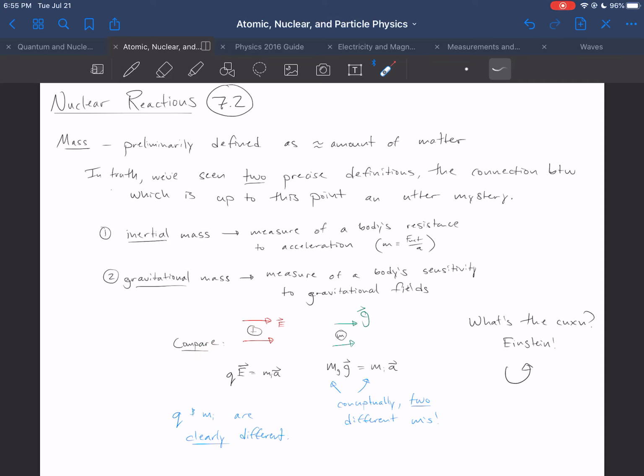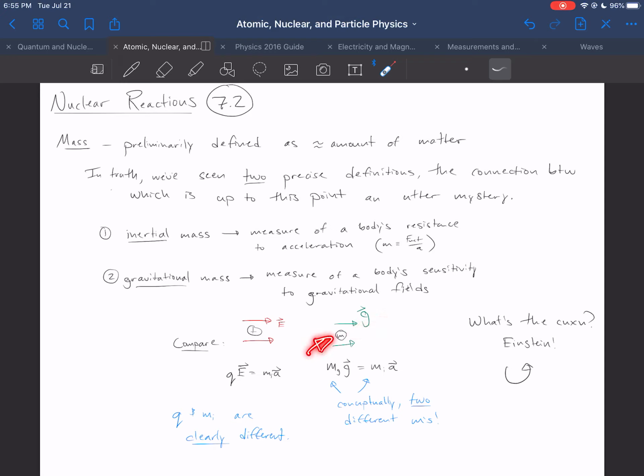But in the case of gravitational fields, something that we saw way back in topic 2, there is actually a little bit of a mystery. The same argument applies here. There's a property of an object that measures its sensitivity to the gravitational field, but that property we called mass rather than charge or anything else.